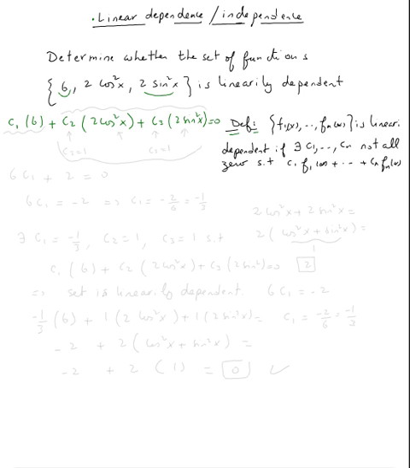When you see cosine square and sine square, you automatically think about cosine square plus sine square equal 1.